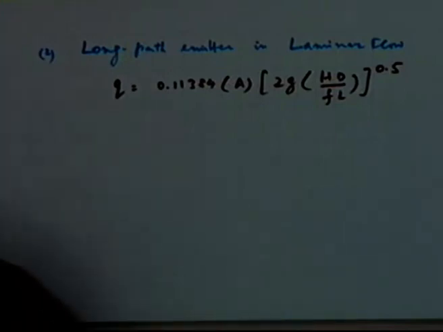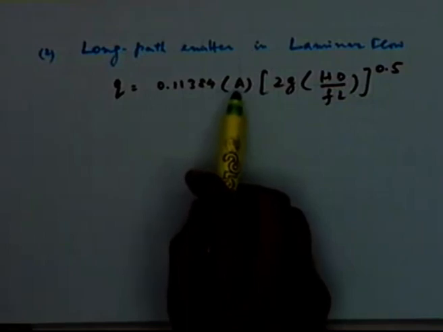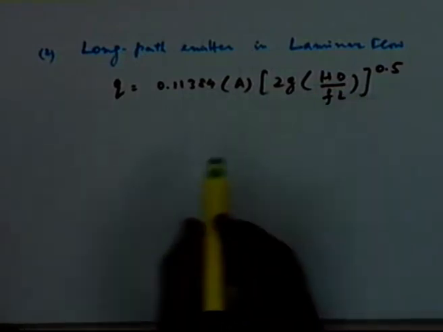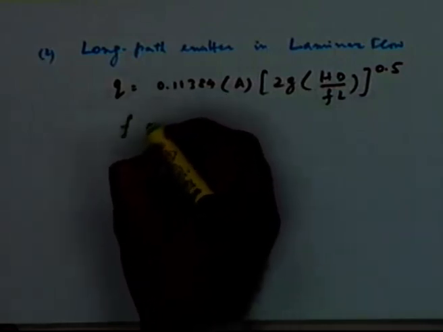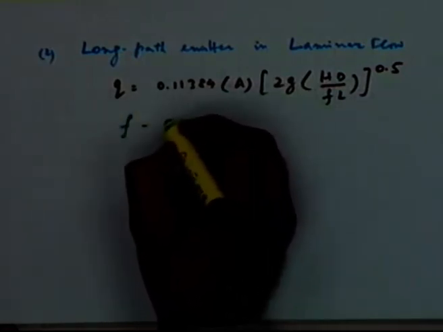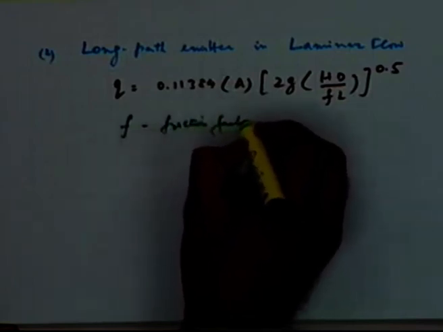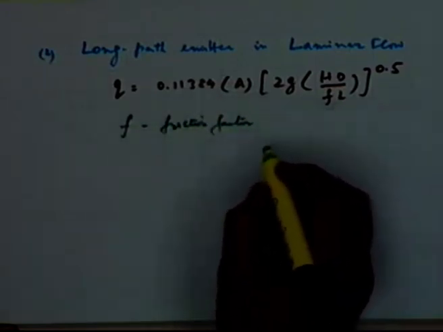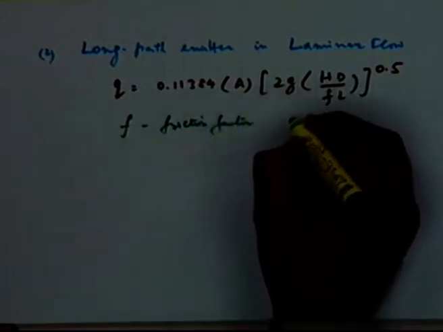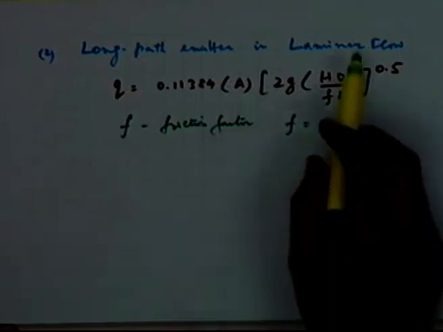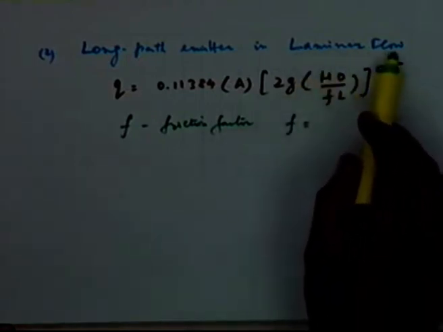Now, in this case, all the other terms are the same, only F is introduced, which is the friction factor, and is a dimensionless quantity. Now F, as you see, that is a laminar flow range.